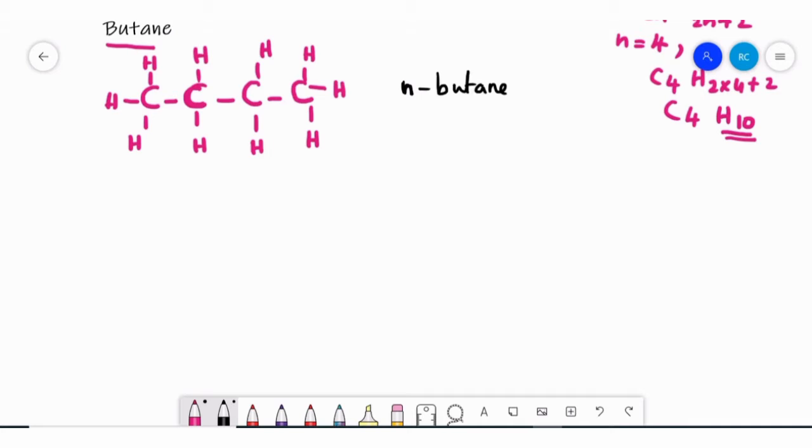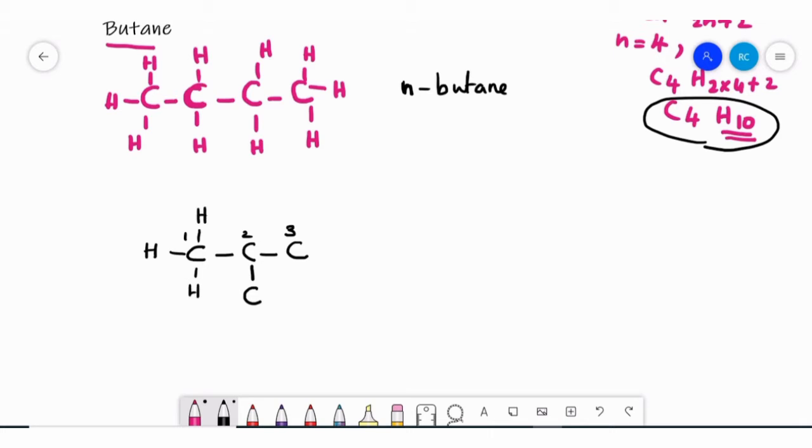We have one more way to represent this butane molecule. Instead of writing 4 carbons in the straight chain, we can reduce the straight chain to 3. So I wrote 1, 2, 3 carbons in a straight chain, and the fourth carbon I am going to put on the second carbon atom. This is another way to represent the chemical formula C4H10. When you add hydrogen atoms, the first carbon will have 3 hydrogens, so it is CH3.